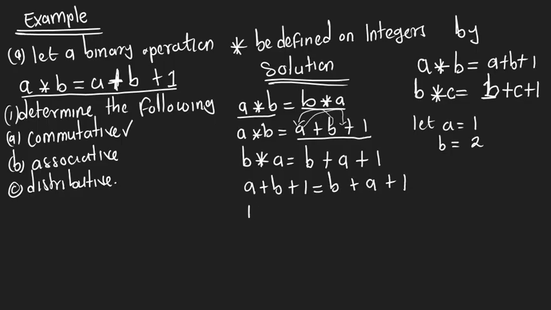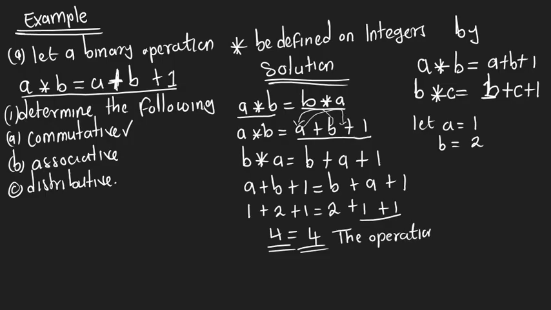Then 1 plus 2 plus 1, and on the other side 2 plus 1 plus 1. This becomes 3 plus 1 becomes 4. This is 1 plus 1 becomes 2, 2 plus 2 becomes 4. Because you are finding the same thing, you can conclude that the operation star is commutative.